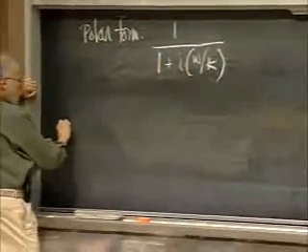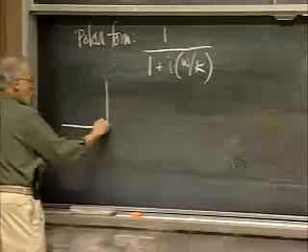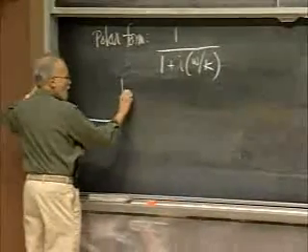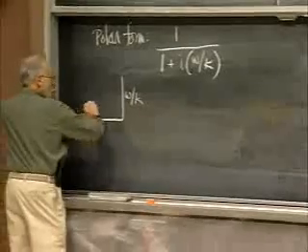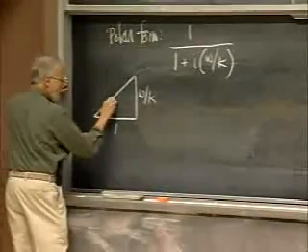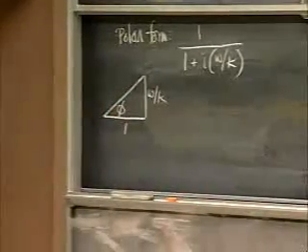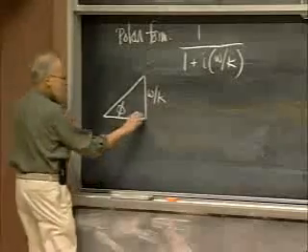Okay, I'll draw a picture. Here is 1. Here is omega over k. Let's call this angle phi. It's a natural thing to call it. It's a right triangle, of course.